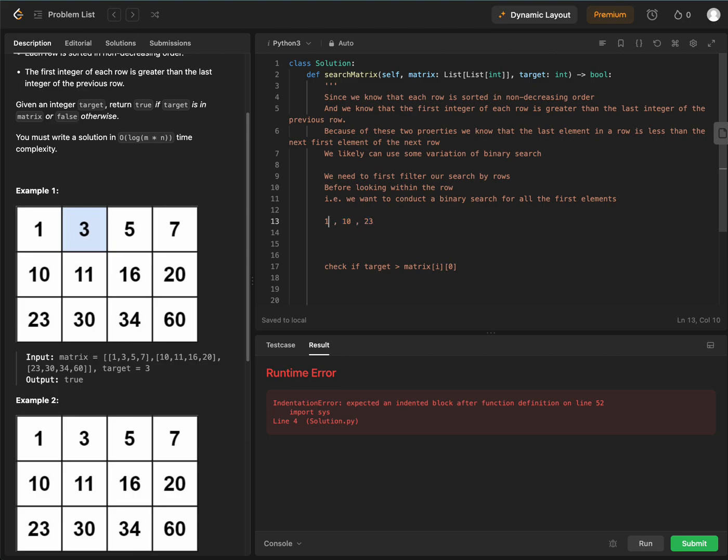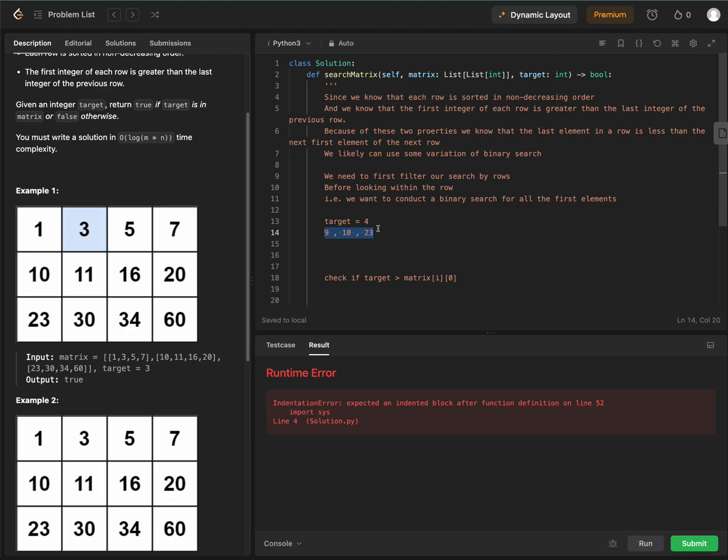If we have a target that is, say, 4, and this instead is 9, we can also eliminate this entire search space and return false. So we want to form an array of the first elements of each row, and then conduct a binary search in this array to find which row this element might be in.